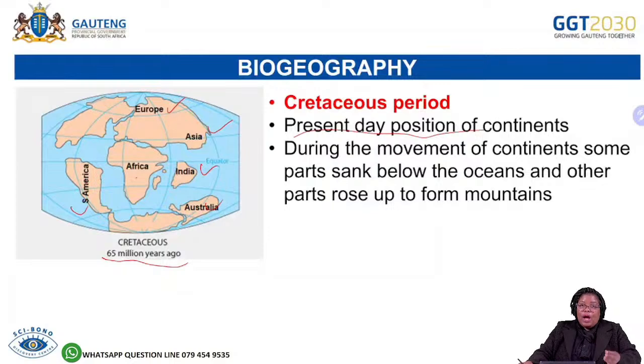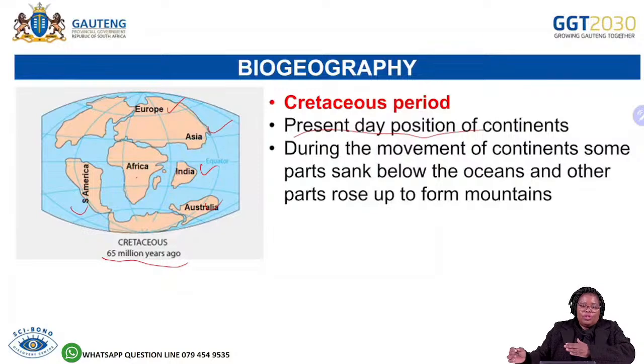With those different continents, you can now see where Africa is, South America, Europe, Asia, India, Australia. Now this means in each continent there is life. In each continent there are plants, there are animals. But in ancient days, when we had one land mass, they were moving around. We had plants there, animals there.